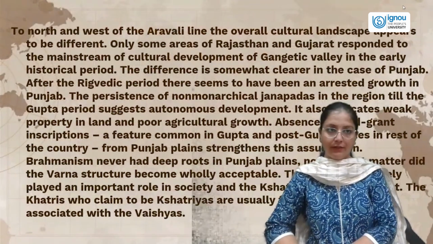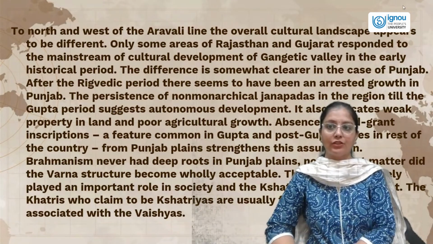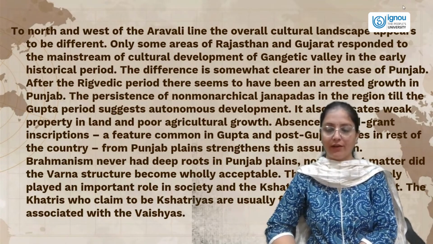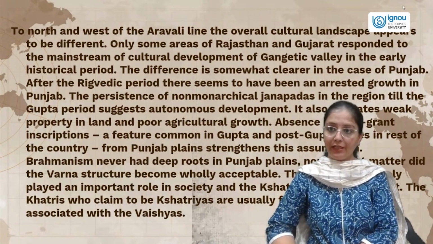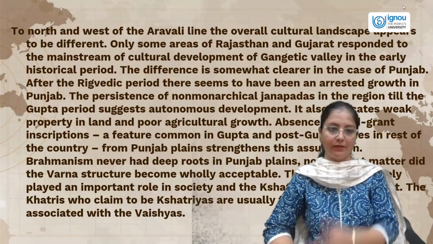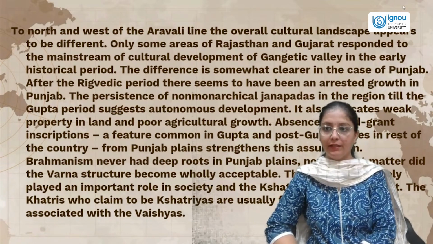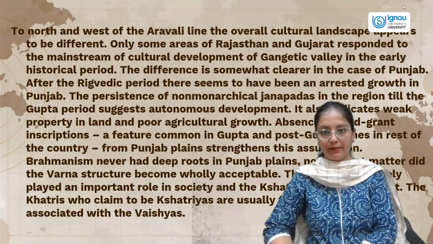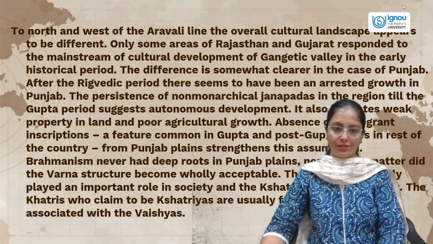To the north and the west of the Haravali lines, the overall cultural landscape appears to be different. Only some areas of Rajasthan and Gujarat respond to the mainstream of cultural development of the Gangetic Valley in the early historical period. The difference is somewhat clear in the case of Punjab. After the Rigvedic period, there seems to have been an arrested growth in the Punjab.